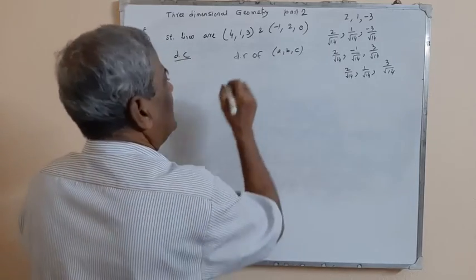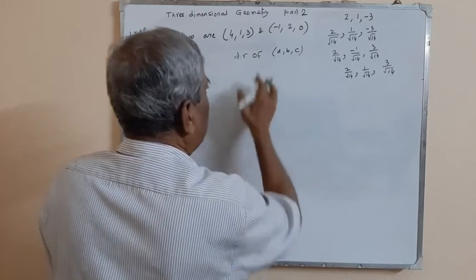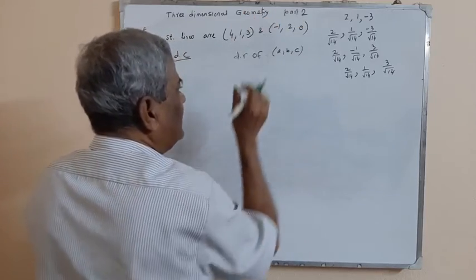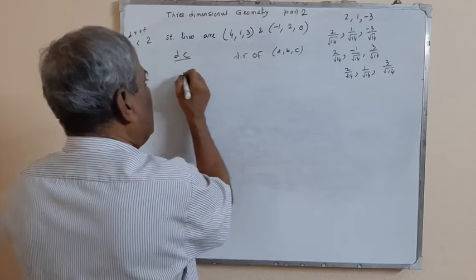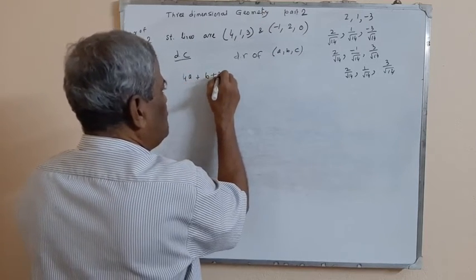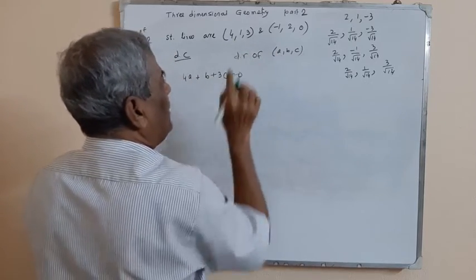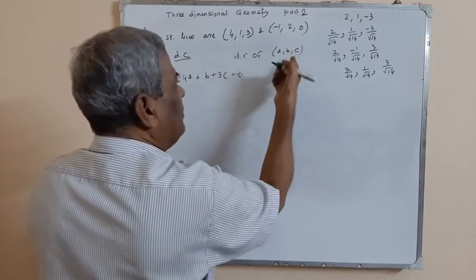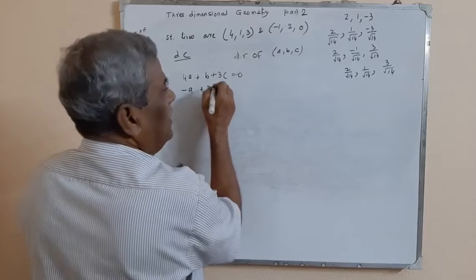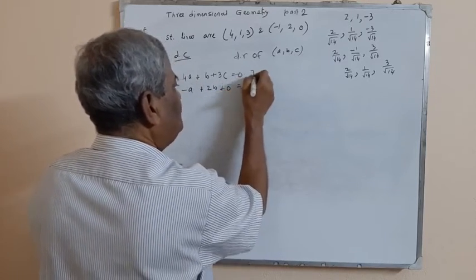Now, as this straight line whose direction ratio is this is perpendicular to this as well as perpendicular to that, therefore the dot product, that is 4A plus B plus 3C, must be equal to 0 as they are perpendicular. Similarly, minus A plus 2B plus 0 into C is equal to 0.